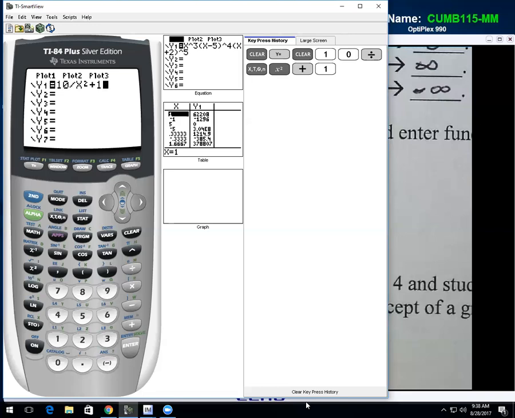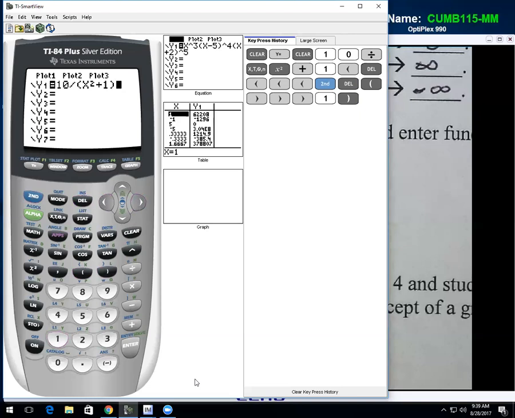If I want to override that, then I have to put the whole expression I want to divide by in the denominator. I have to put it in parentheses. So just wanted to make sure you knew that. And I can go back and insert a left parenthesis and a right parenthesis. That should give me the right graph.